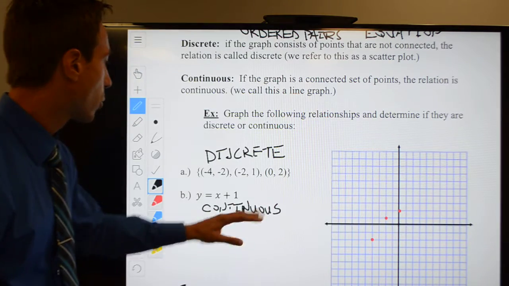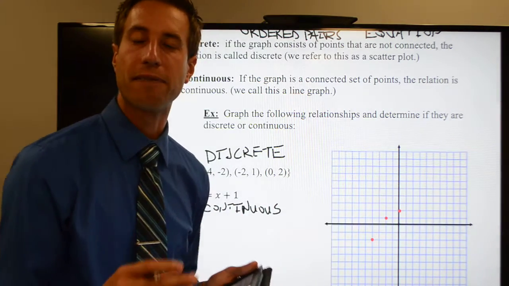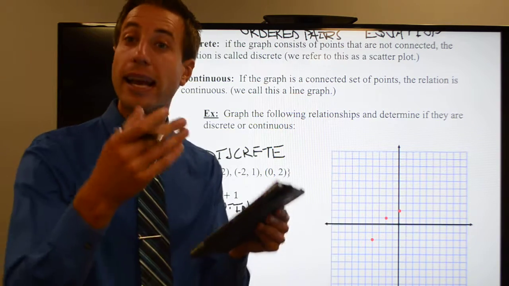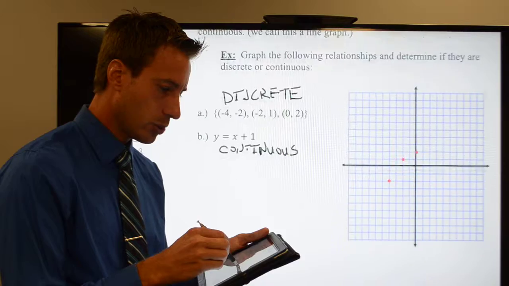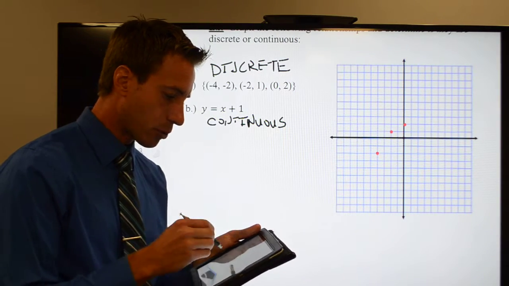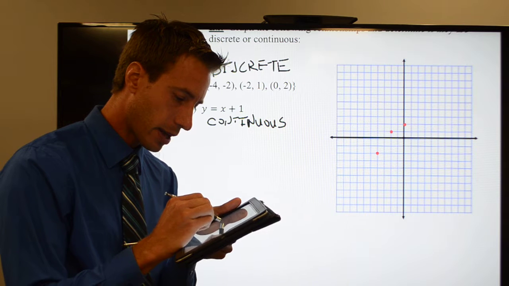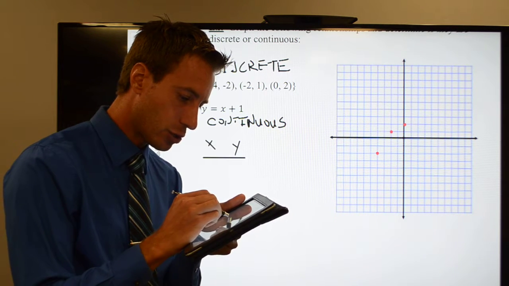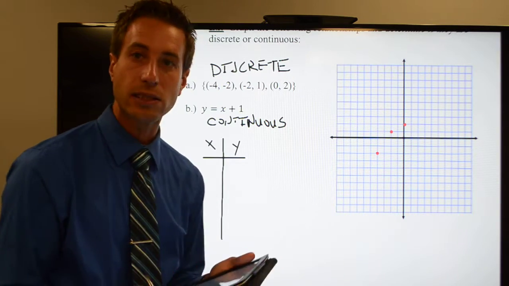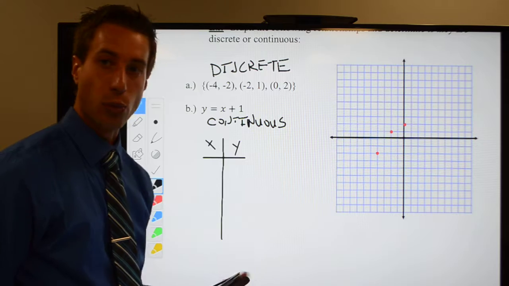And here's the way that we're going to do continuous. Please remember from Algebra 1, the way that you can graph these, the simplest way is to set up a table or a chart. So let's go ahead and do it that way. The way the table or chart works is you're simply going to set up an XY table, X, Y, and we're going to choose values of X that I will plug into my equation to get out the Y values.